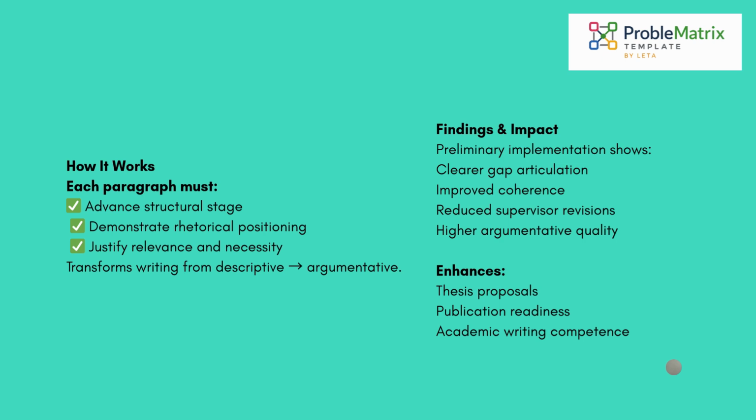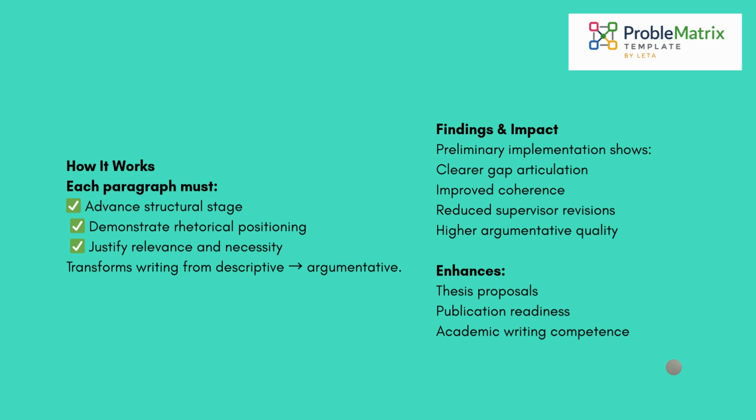From preliminary implementation and our personal supervision feedback, we observed students were able to articulate research gaps more clearly. Their problem statements became more logically sequenced. Supervisors reported fewer structural revisions.